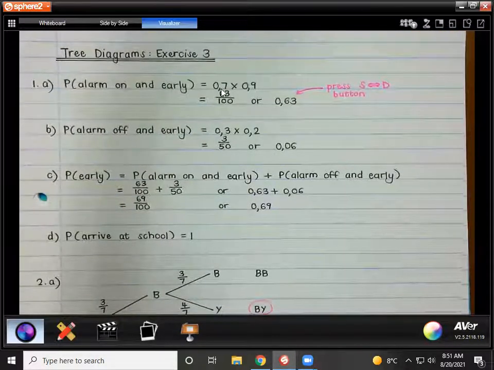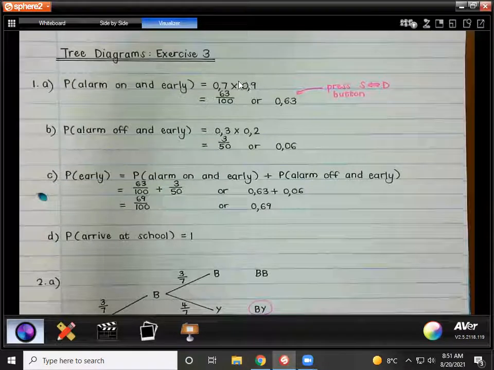Alarm on and early, 0,7 times 0,9. Okay, the two probabilities on the branches you times together. If you type that into the calculator, this fraction comes up. You can leave it like that, or if you press the SD button, then it will give you the decimal form. All right, it's up to you whether you want to leave it as a fraction or write it in decimals. It doesn't matter.